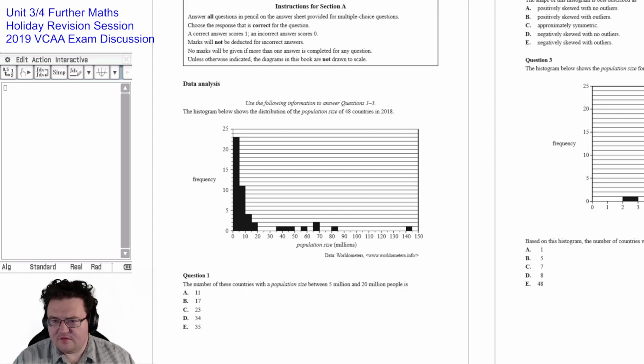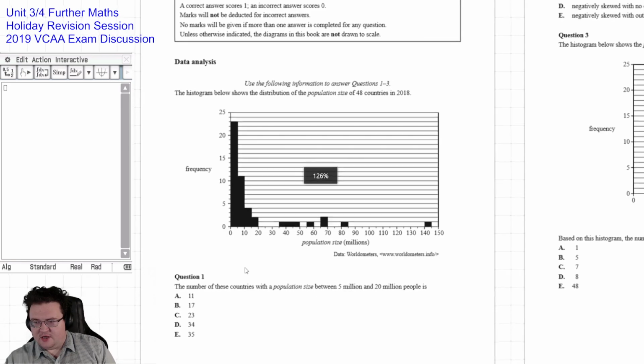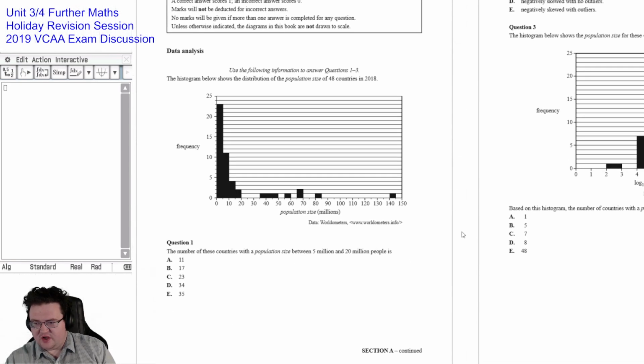So, first things first, the histogram shown has a distribution of 48 countries in 2018. Question 1 says the number of these countries with a population size between 5 and 20 million is what?